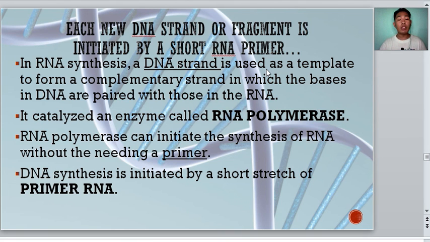And it is usually catalyzed by an enzyme called the RNA polymerase. The RNA polymerase can initiate the synthesis of RNA without the need for a primer, while DNA synthesis is initiated by a short stretch of primer RNA.